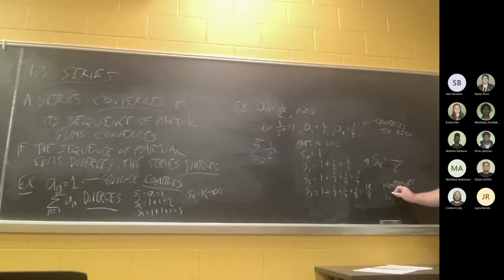We have the numerators 1, 3, 7, 15. Now, you see there's a difficulty working with these numbers. So add 1 to each one: 2, 4, 8, 16. How would you express that?